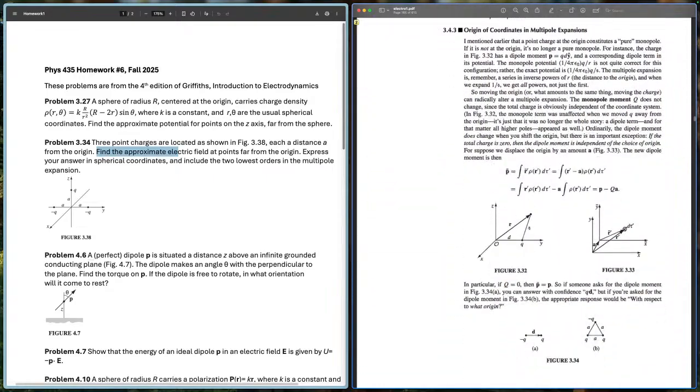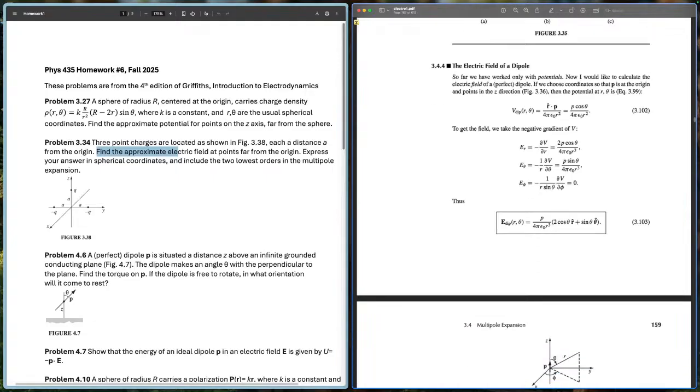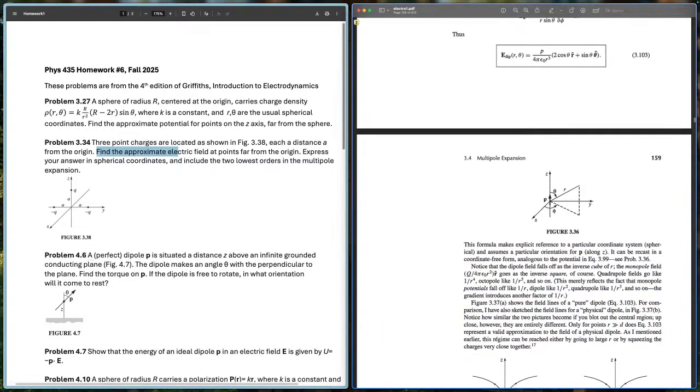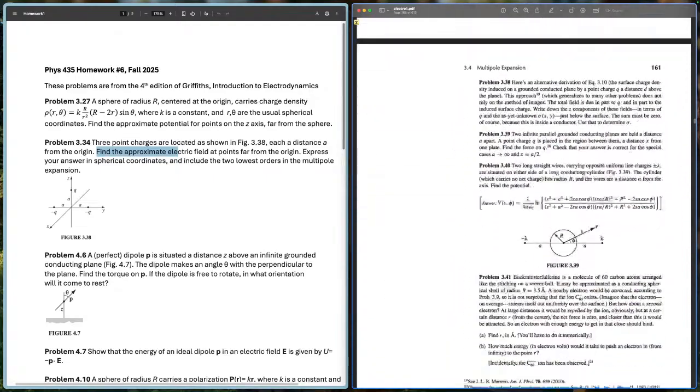And so then I can actually just straight up use this formula that is 3.103. Okay. So I guess that provides the idea for 3.34. Problem 3.34. Okay, so now we can move on to problem 4.6.